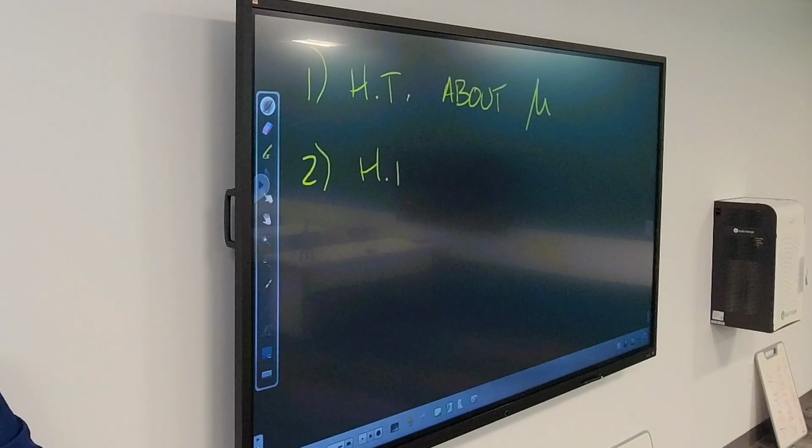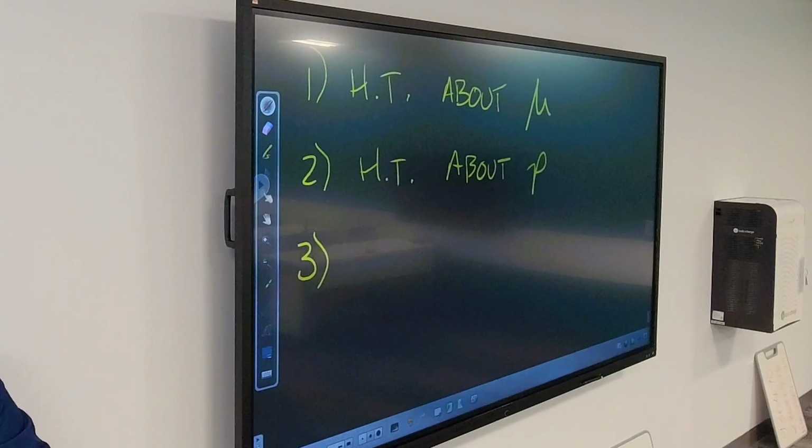We did hypothesis testing about a proportion, P. We had a hypothesis test about a population correlation coefficient, rho.